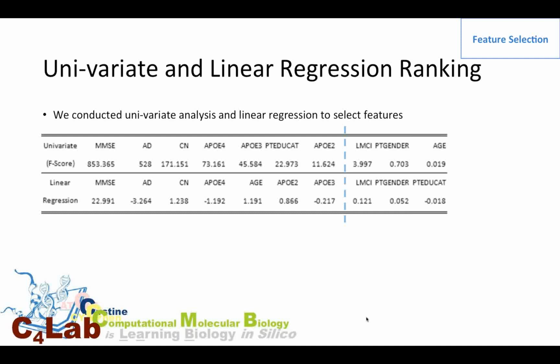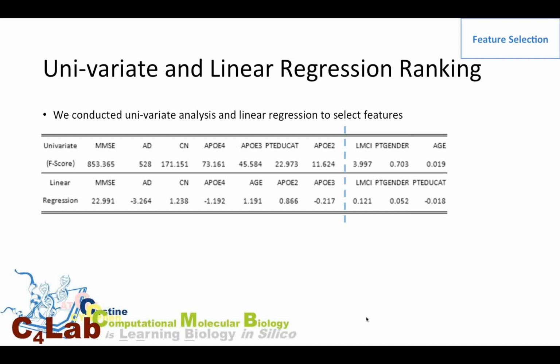So the baseline feature set for building our prediction model includes all the 6 features that rank before APOE2 and APOE3. But we then add age into the baseline feature set because it is well known that AD is an age-dependent disease. So we add age to the previous features.